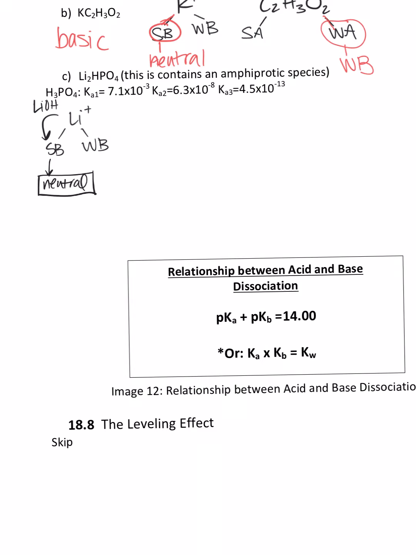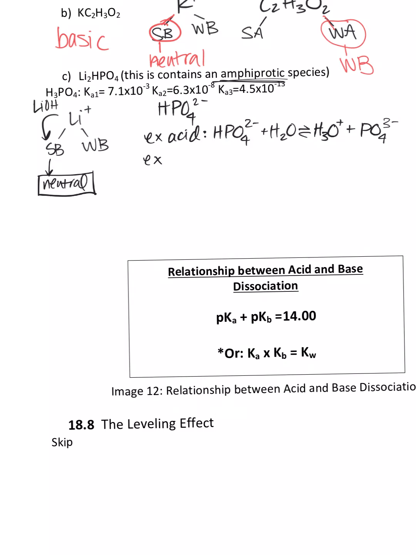What about hydrogen phosphate? This one I cannot actually use the flow chart because hydrogen phosphate is amphiprotic, which means it can act as an acid or a base. So for example, as an acid, it can react with water to form, of course, hydronium and the conjugate base, which is phosphate.